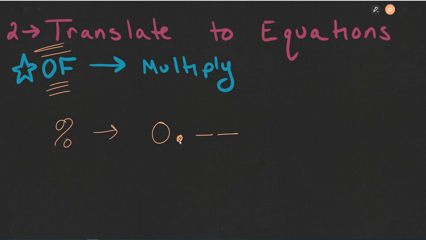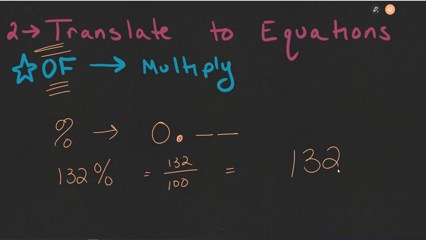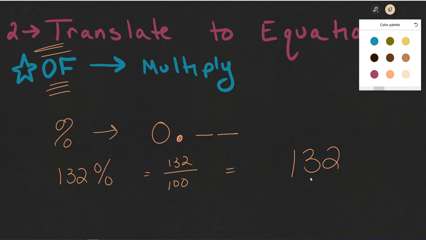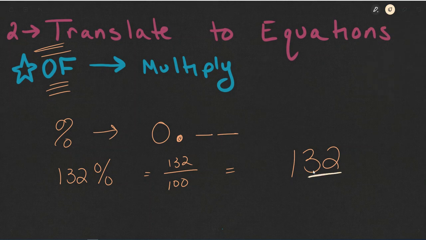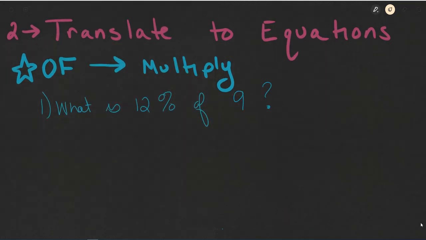So again, per 100, so how many hundredths? 132 percent, 132 per 100, we'd start with the 32, and if we always have 2 decimal places, then that decimal will go right here. So we'd have 1 and 32 hundredths.